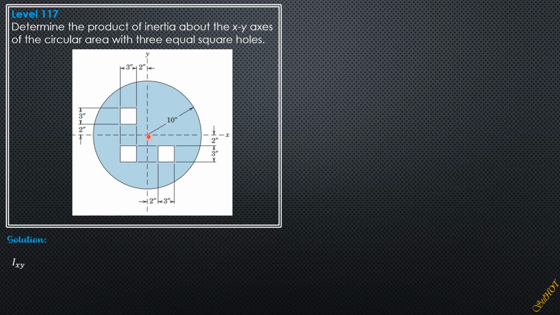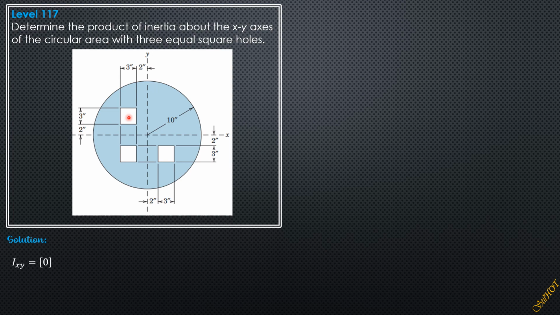So Ixy is equal to, for the circle, 0. Then we have to subtract only this one. So by transfer formula, the centroidal product of inertia of the square with respect to its centroid is 0.